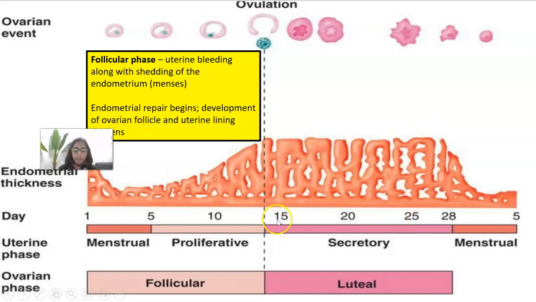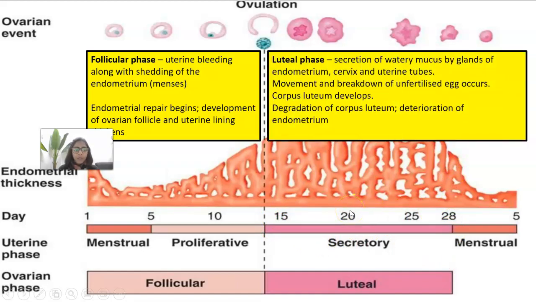So remembering day 15 to 28 is the luteal phase again. And in terms of the uterine phase, it's described as secretory. And this is because the uterus is maintaining its thickness because the corpus luteum is secreting really high levels of progesterone and estrogen.